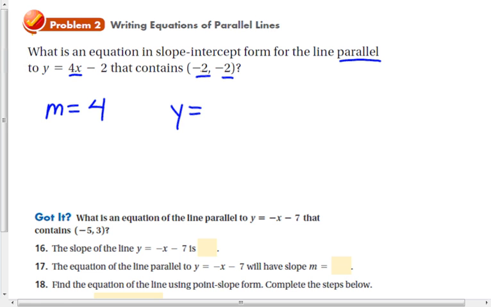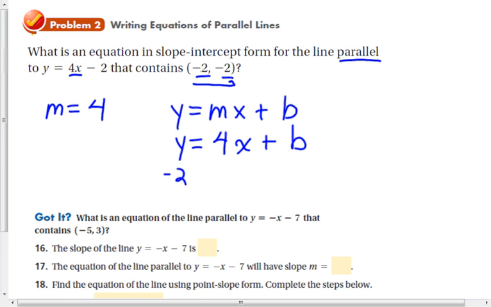So in slope-intercept form, here's our general form. And we know the slope is 4 to be parallel. So then I just have to figure out what the y-intercept is. Since it has to work for this point, I can substitute -2 for y and -2 for x, and then figure out what b makes that true.